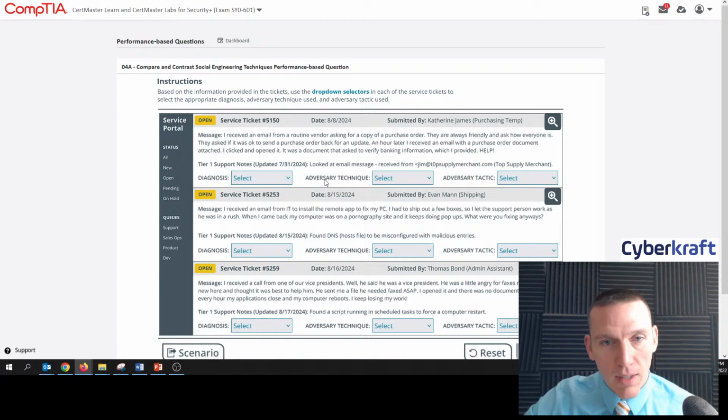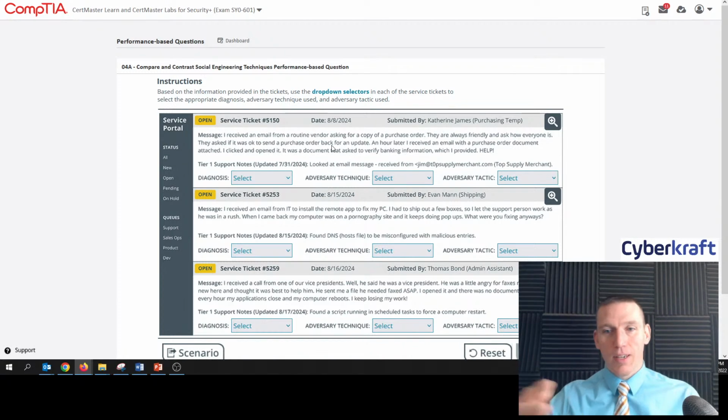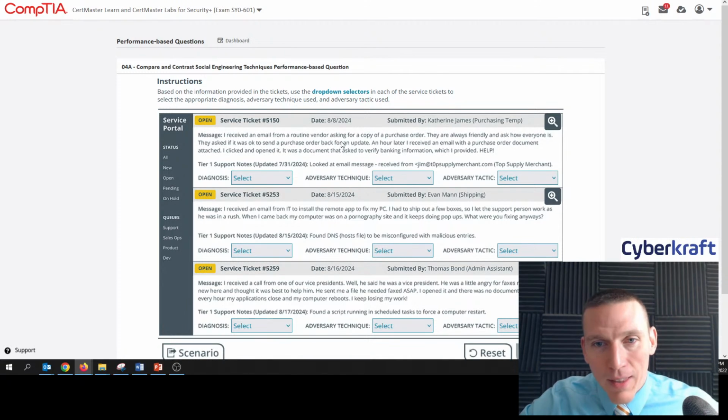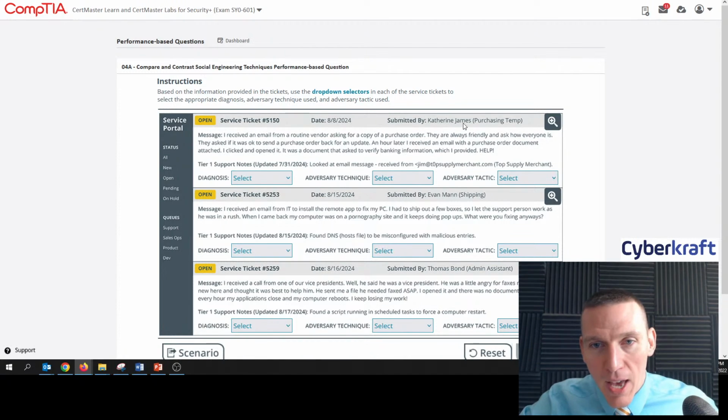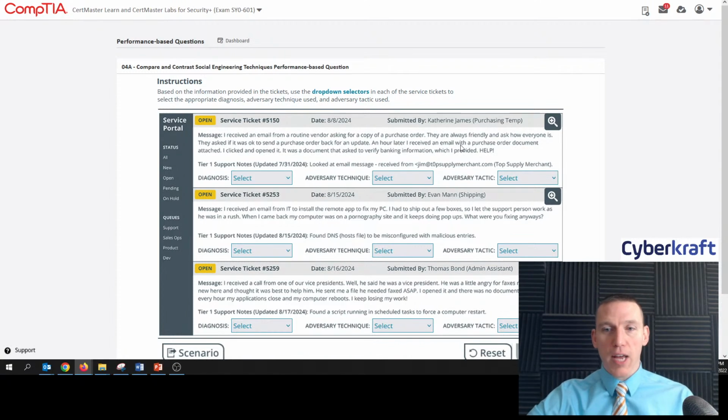Okay, so we have quite a few tickets in a day, so these are details that may or may not be useful. I mean, from the 8th to the 15th, we've had 103 tickets. I don't know if that's helpful. Okay, and then we have submitted by these people. Okay. So now we have some information.